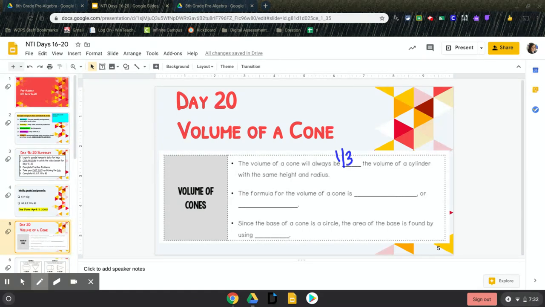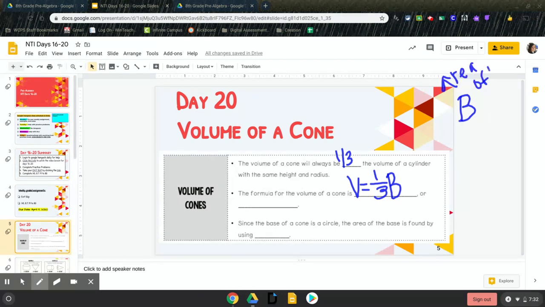The formula we would use is volume equals 1/3 the area of the base. That's what that big B means. It means the area of the base.